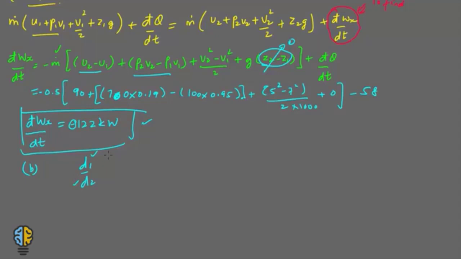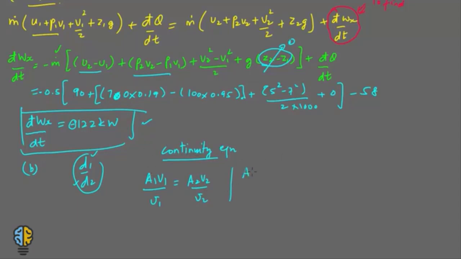Now how do you get this relation? This relation can be found out by using the continuity equation. Alright, and the continuity equation is A1 into V1 upon small v1 is equal to A2 into V2 upon small v2. And from this I can find out the value of A1 by A2.